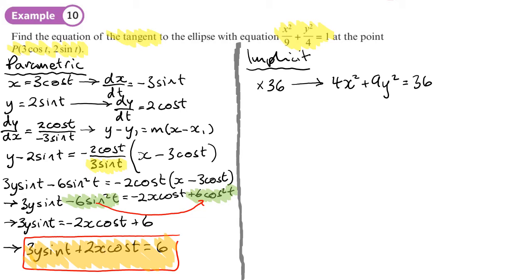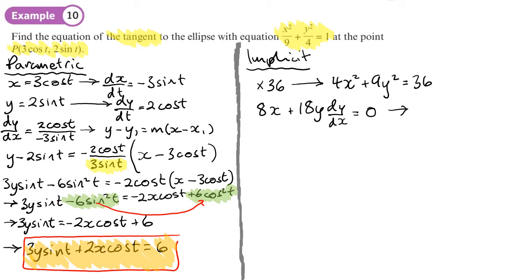And then with the implicit differentiation, the 4x squared will become 8x. The 9y squared will become 18y dy dx. We're differentiating a y term as if it was an x, and then the 36 becomes 0.